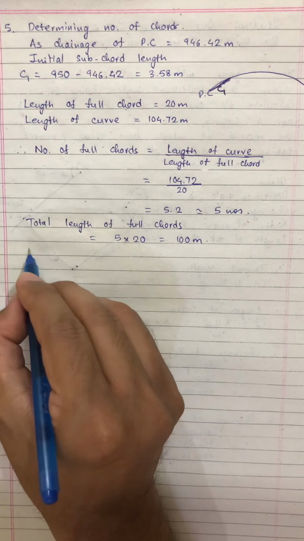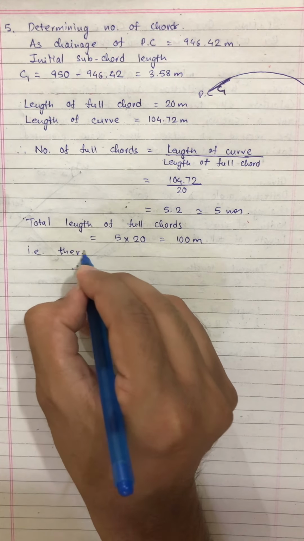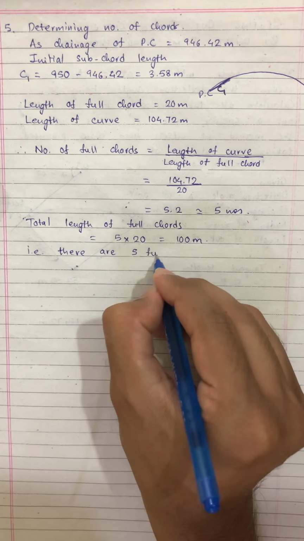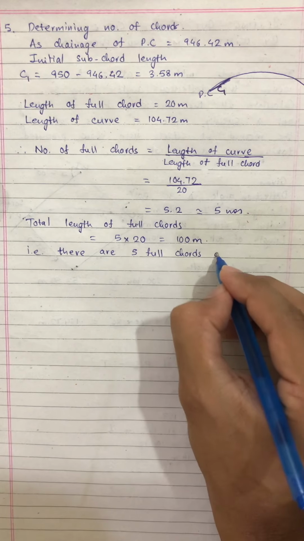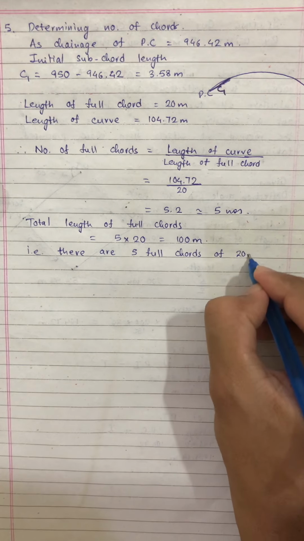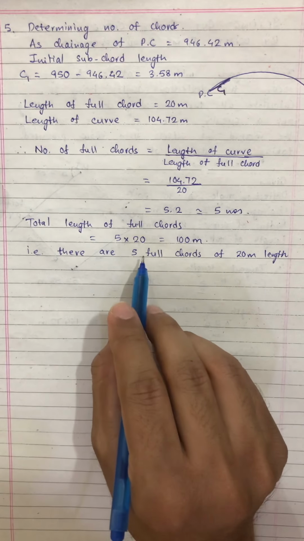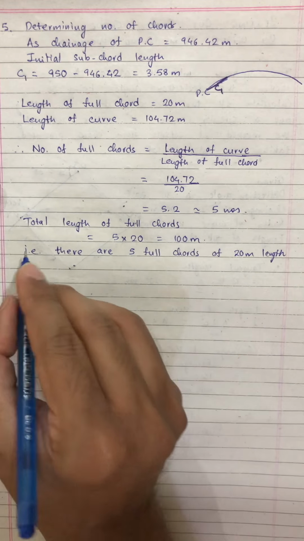This means there are 5 full chords, each of 20 meter length.